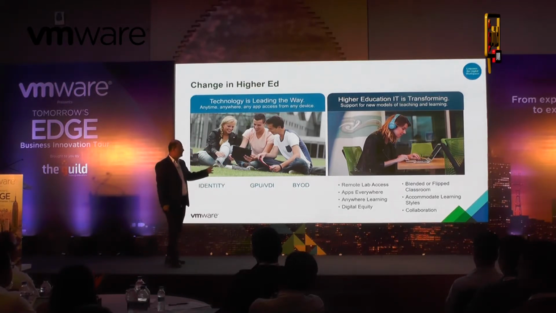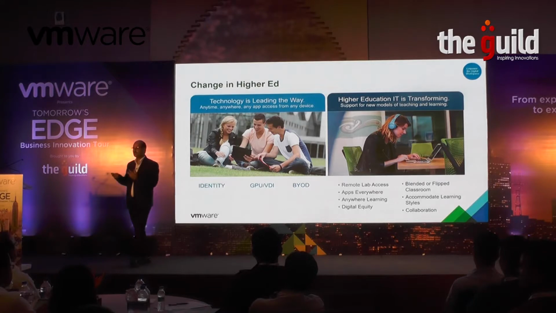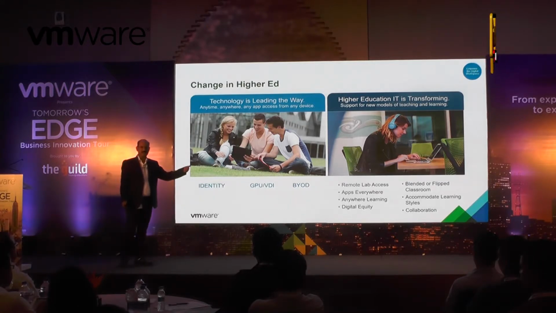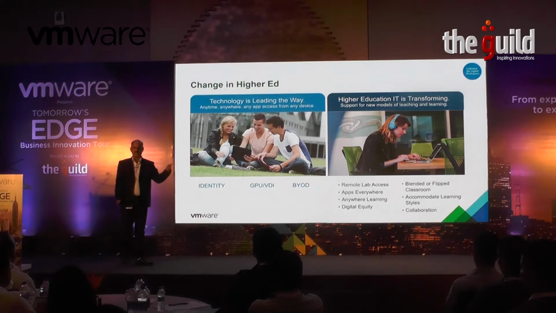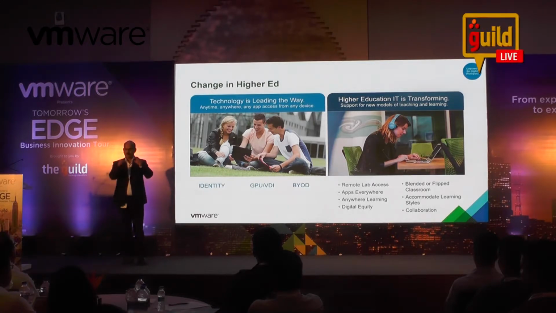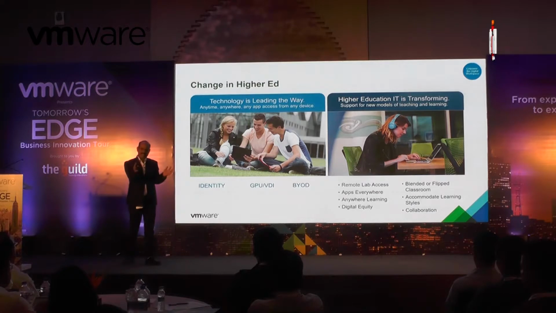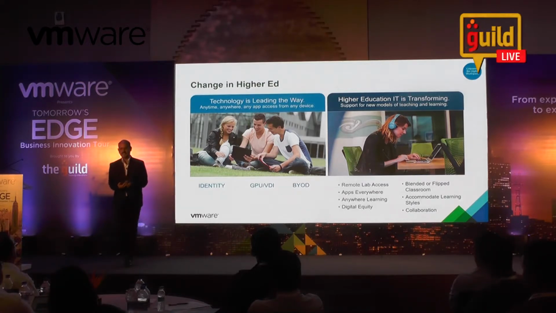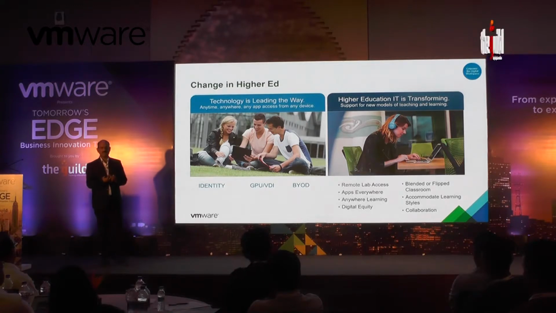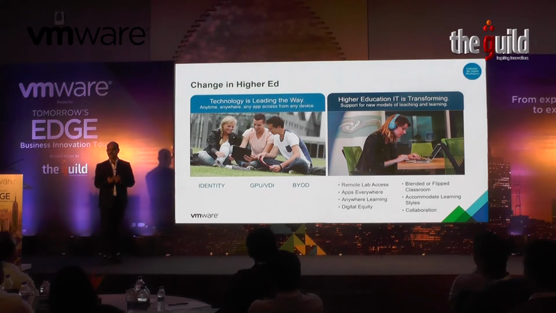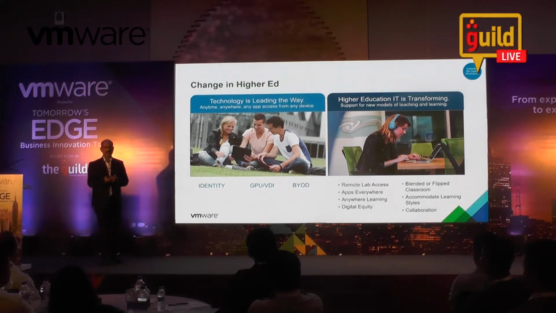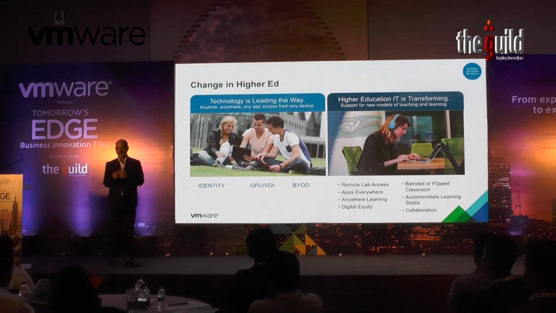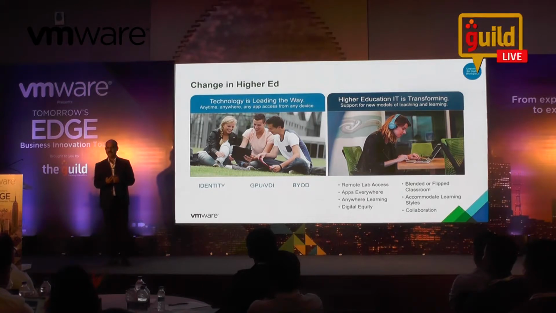Second, we need to manage the GPU, which is the virtual desktop. And the third piece we need to manage is BYOD, the bring-your-own-device initiative, which means every device. If all three things are managed, you empower your university to allow students to bring their own devices, whether mobile or laptop, any sort of device.